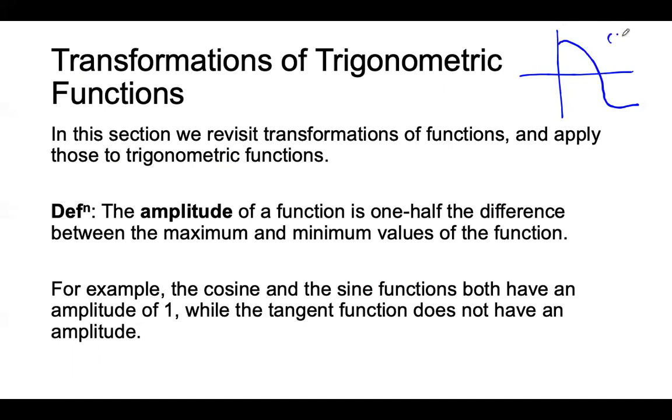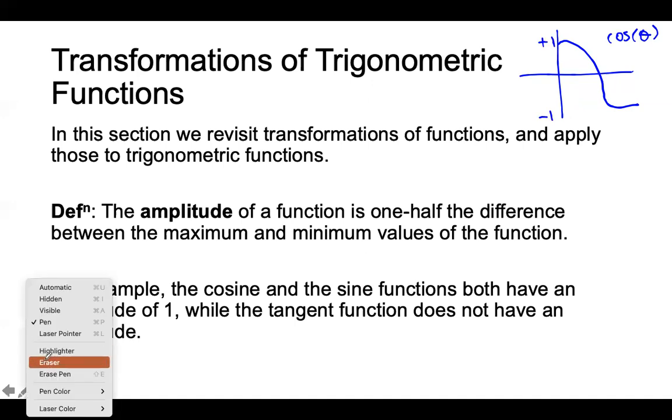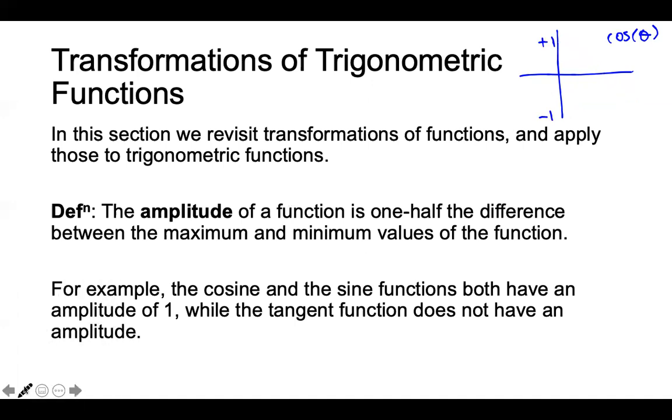This is our cos. So it starts at 1 to -1. So the amplitude is, now it says it's 1/2 the difference from the max or the min.